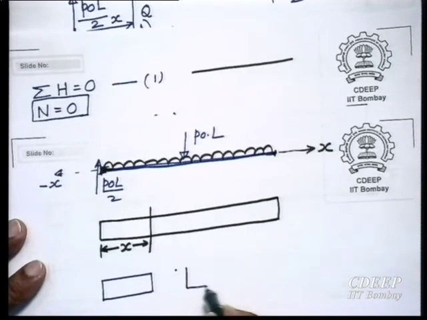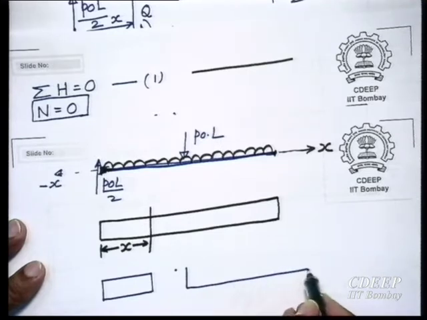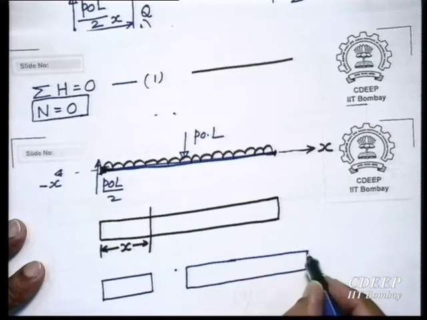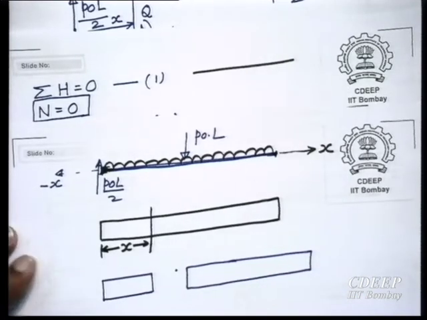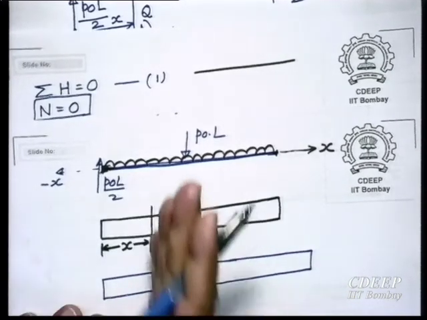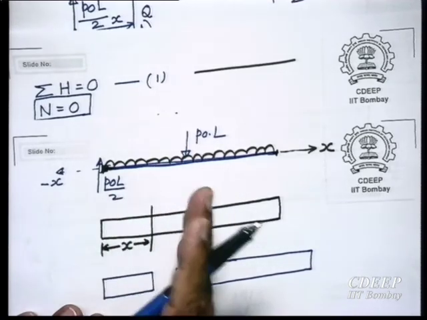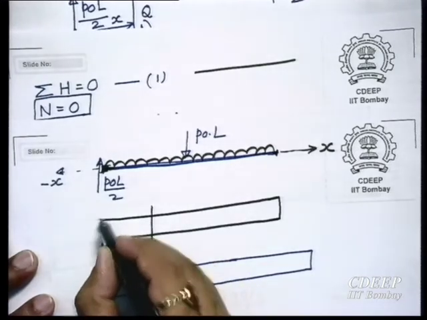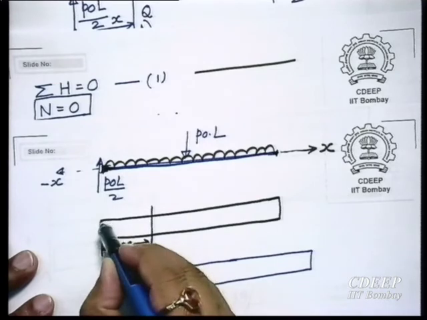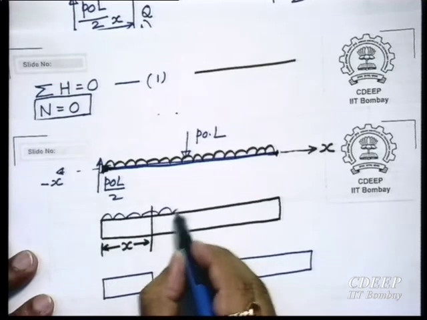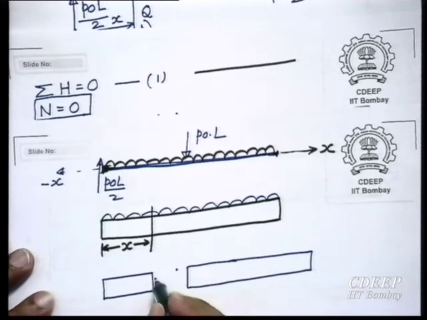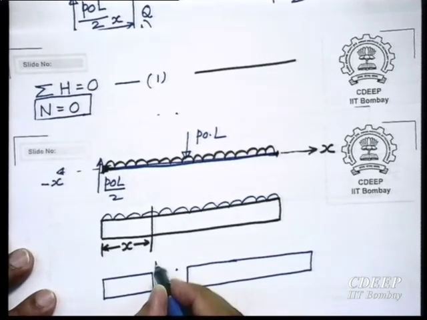Otherwise, do not think that there is a rigid body motion. So, this one is displaced, this is the cut, this is the same x, x is both. Okay. Now, on this, what is a positive shear force?